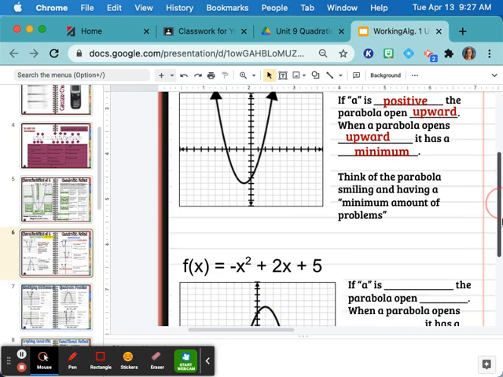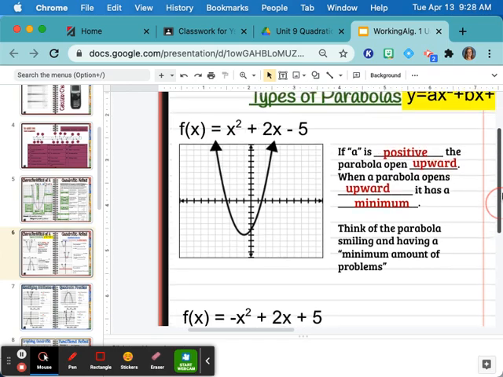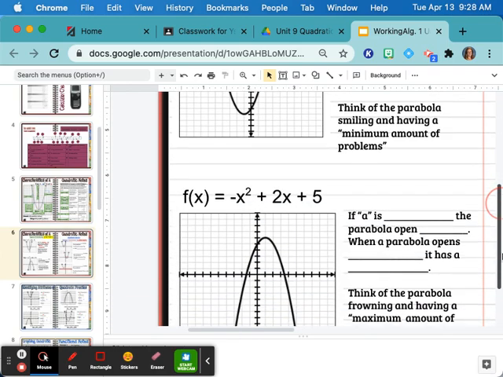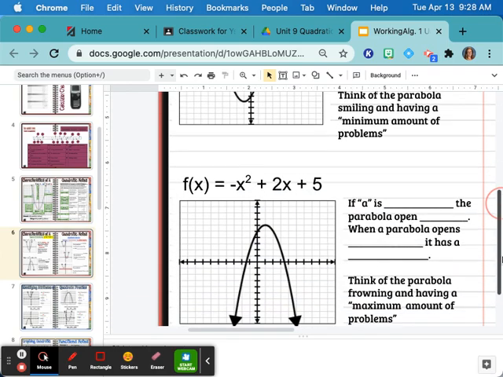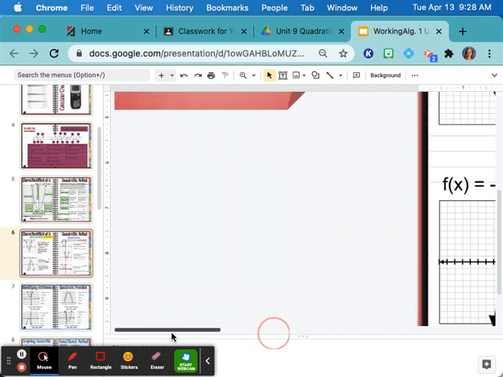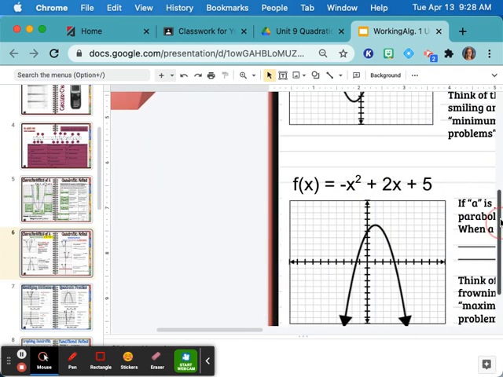So if it opens upward, it has a minimum. So then the next one, look at how this one is. Negative x squared plus 2x. So the number out front, if it's positive, it opens upward. So if it's negative, how is it going to open? Downward. So if a is negative, grab the negative.